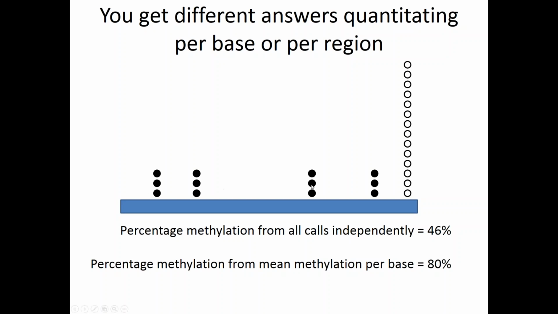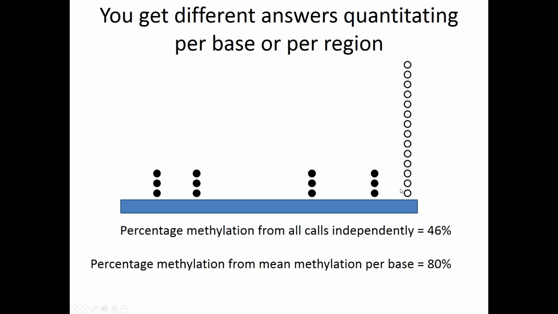If we calculate the percentage methylation by just putting all of these calls together and asking how many methylated and how many unmethylated we see, then overall this region would come out as 46% methylated, despite the fact that most of the area of the region is completely methylated.